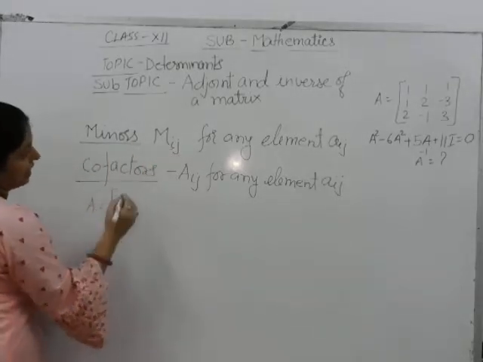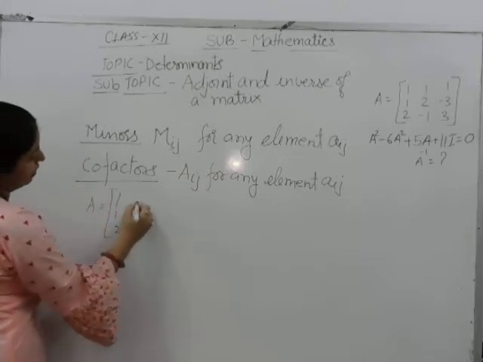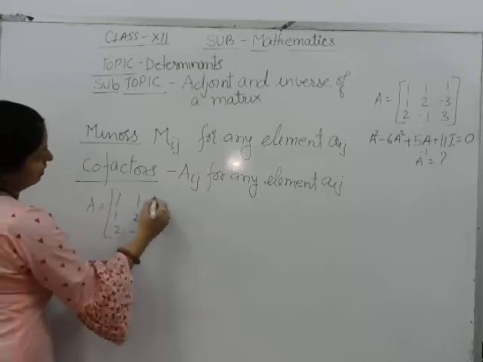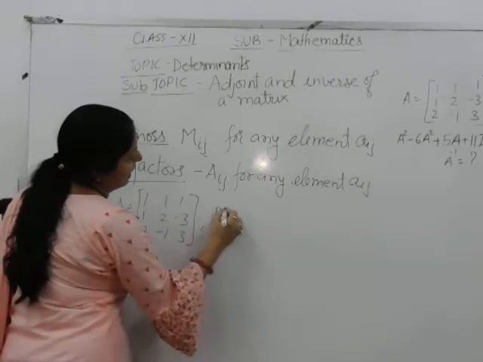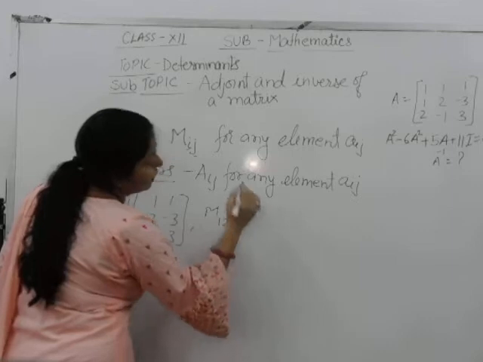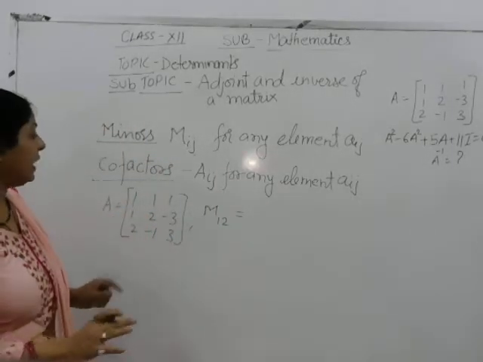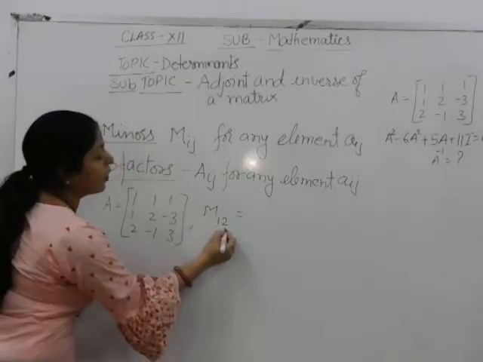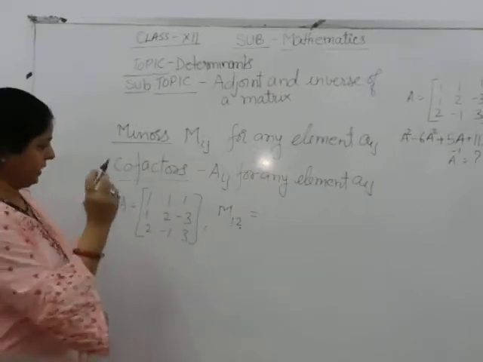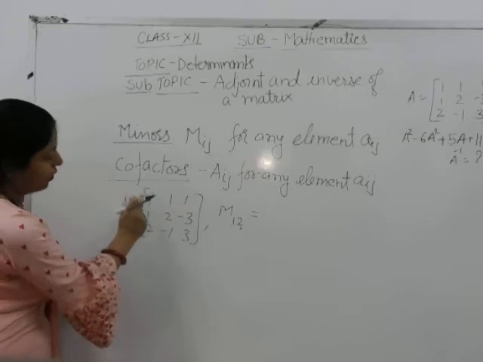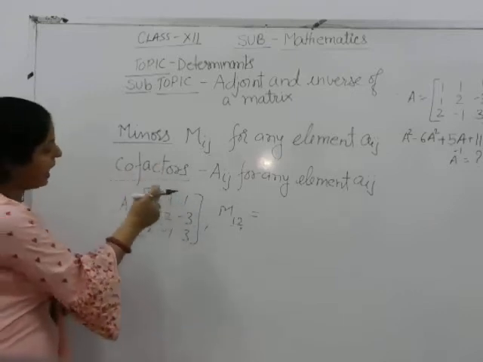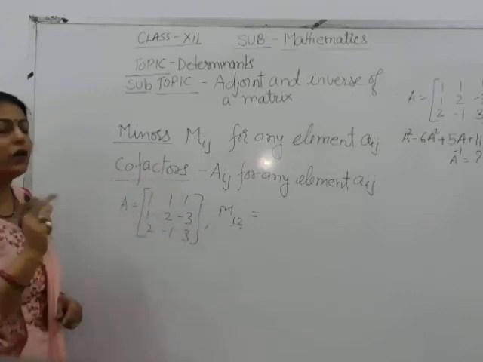for any matrix 1, 1, 1; 2, 1, 2 minus 1; 1 minus 3, 3. If we want to know about capital M12, it means we have to delete the first row and second column.